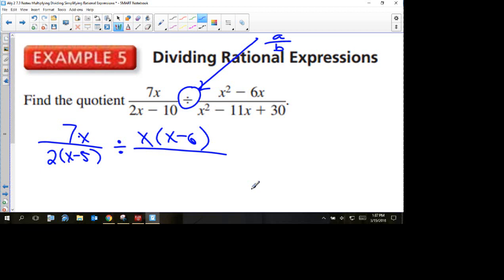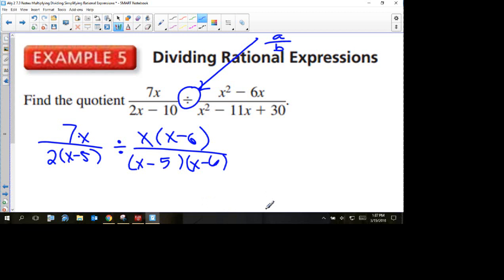Okay, well help me out. Let's do it together. What kind of factoring do you do for a trinomial? 2 parentheses. X minus... So make 30. Does it add to give you 11? Perfect.